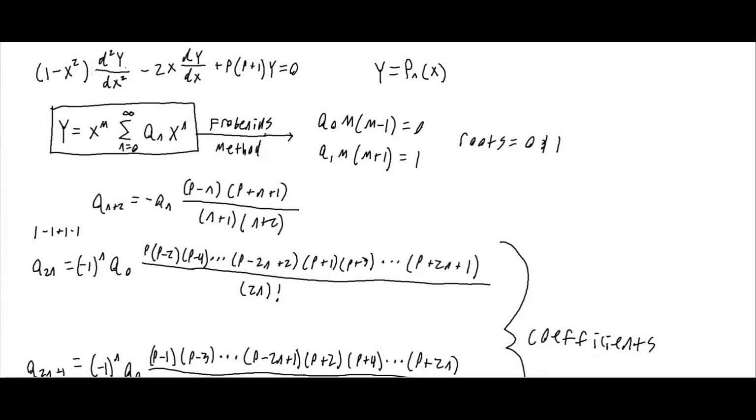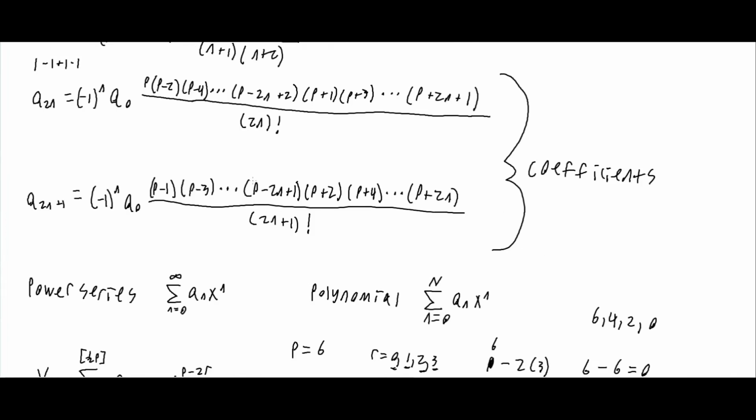So we started, as I said, with this second order ordinary differential equation up here. I said that the solution, the function that satisfies this, will look something like this x to the m times this power series. I used the Frobenius method, got our roots of 0 and 1.